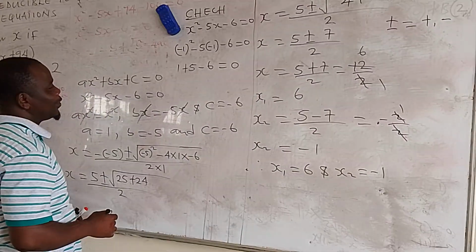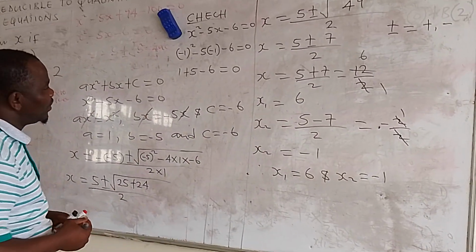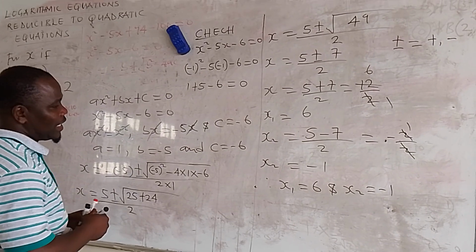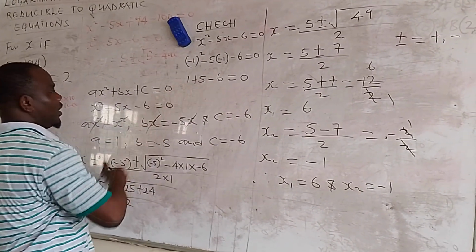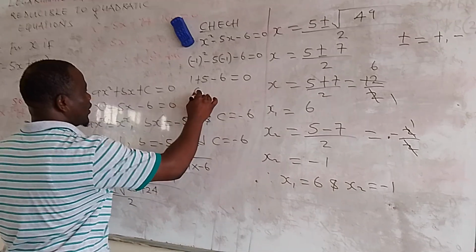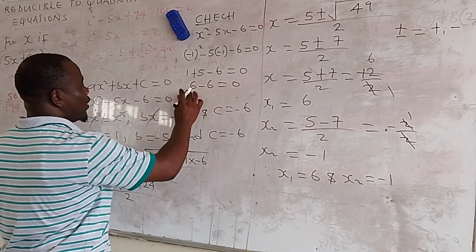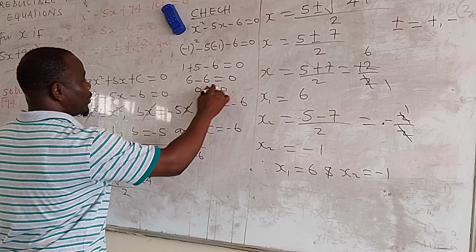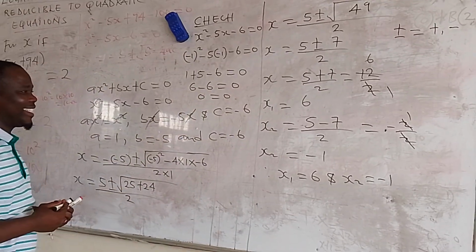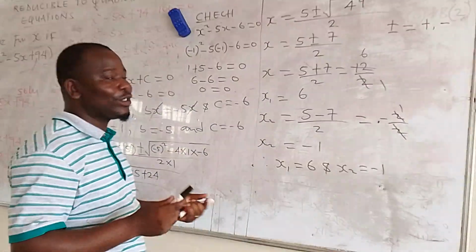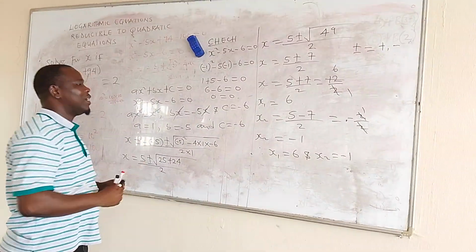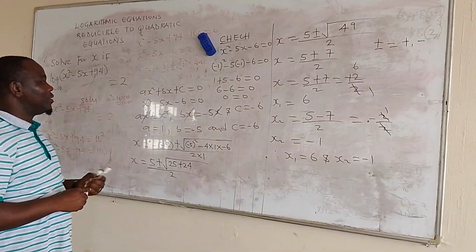Okay? So do you still need a prophet to tell you that the answers are right? You don't need a prophet to tell you 1 plus 5 will give you 6, isn't it? 6 minus 6 equals 0. It means 0 equals 0. This implies that your answer is right. So you don't need to entertain fear. You are correct.